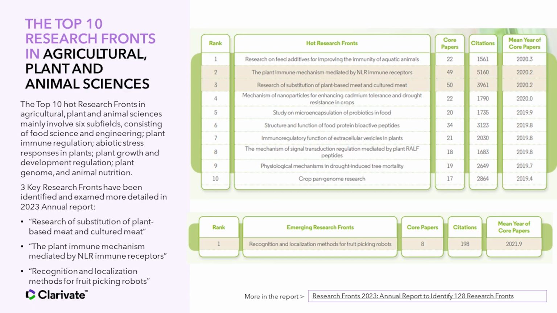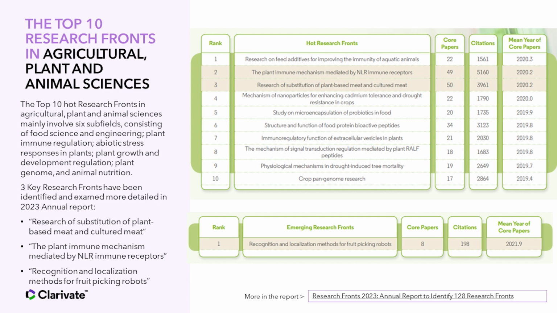If we focus, and that's what I will do, I'll go through a few slides to explain the concept. So if we focus on agricultural, plant and animal sciences, the top 10 research fronts are the following. Think of it as, in 2023, if you work in this field, these are the top 10 hot research fronts.